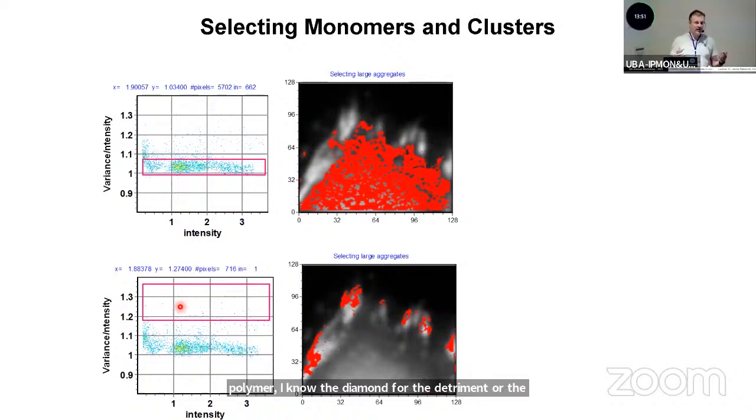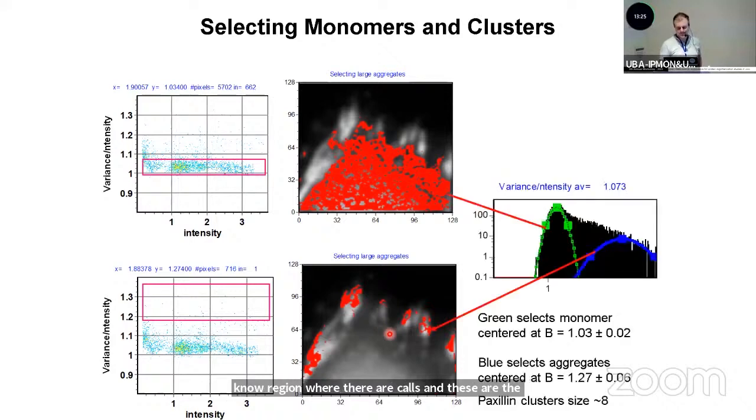But if we don't care and we want to just understand if there are oligomers or not, we can just select a region which is above the monomer range, and you see immediately that this pops up information in the focal adhesions, and as we saw before, you see regions where there are holes, and these are the immobile fractions.